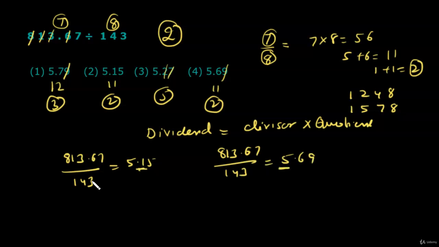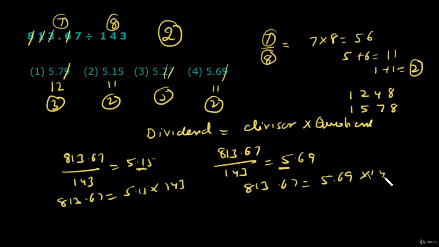For that, we multiply the last digits of the quotient and divisor. If it comes out to be the same as the last digit of the dividend, then the answer is right. Now 5 times 3 is 15, so the last digit of the dividend has to be 5. But here the last digit is 7. That means this answer is incorrect.